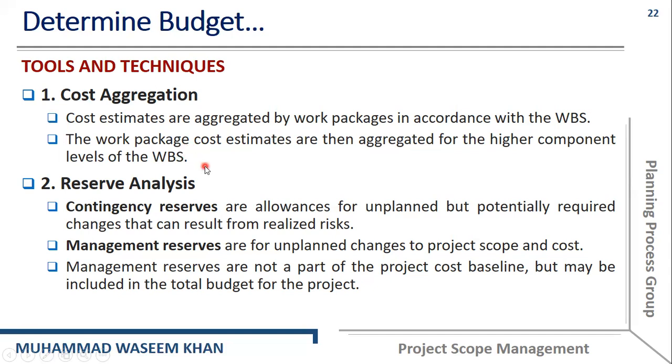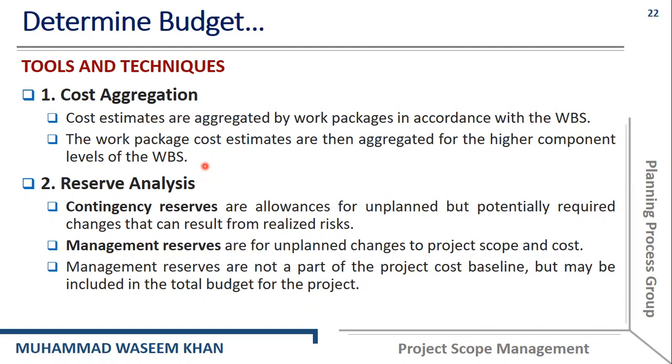You know that we have discussed the rolled up or bottom-up estimation. In that method, we estimated the cost of the project by rolling up from the lower level activities to the top project.